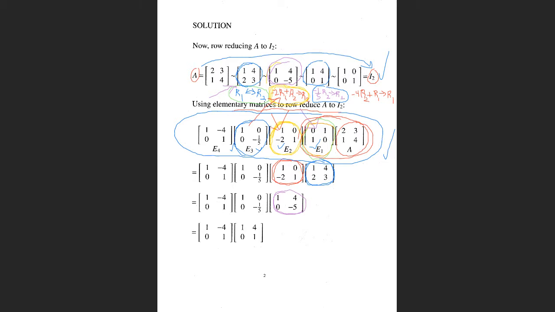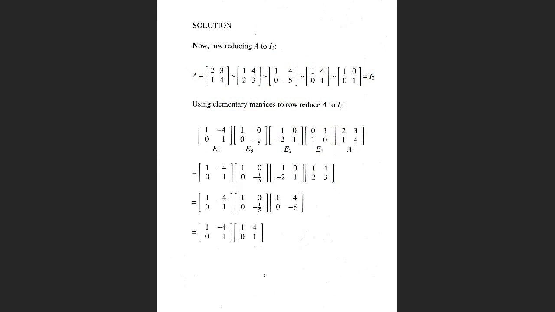That's what we do. Now you might wonder, why is that helpful? Because look at what we can do. The 4 row operations we did, represented by elementary matrices E1, E2, E3, and E4, when pre-multiplying the matrix A, will produce the identity matrix.